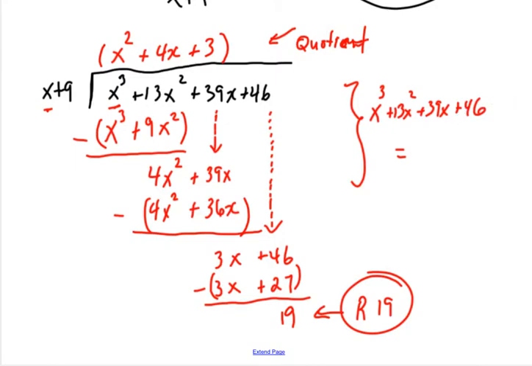It equals one factor of x plus 9 times what we got, x squared plus 4x plus 3, but we had a remainder of 19, so plus 19. So x plus 9 didn't go into this exactly perfectly. It had a remainder of 19, with this value resulting in its quotient.